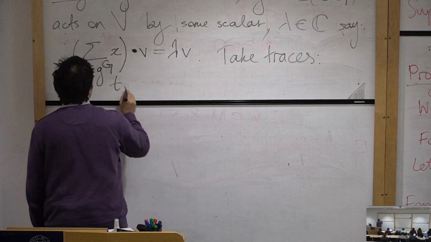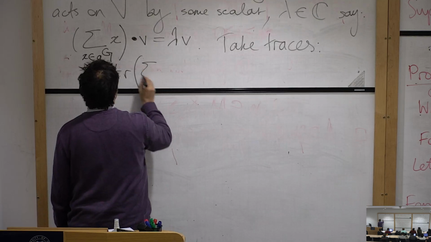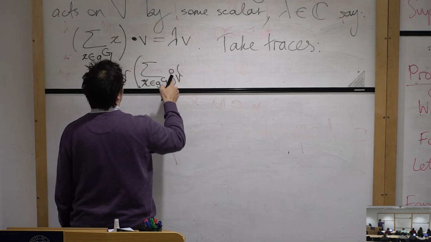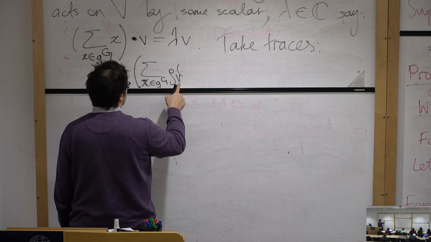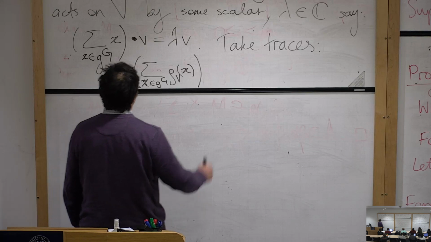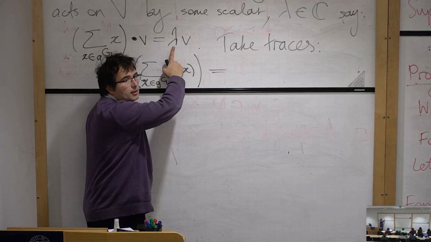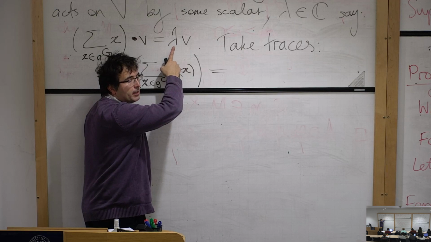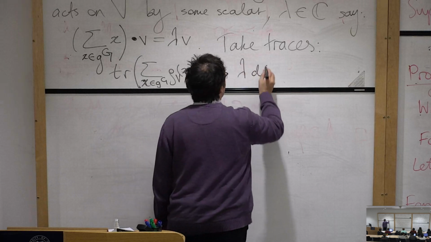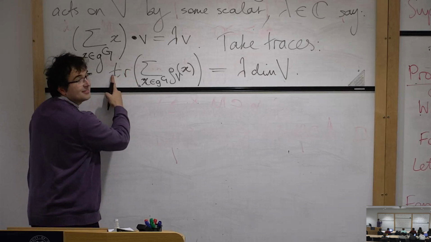We get the trace of the action of rho_V, of course the representation afforded by the CG-module V, which is equal to what? The trace of the scalar endomorphism lambda. That's lambda times dim V, isn't it? The matrix of a scalar is lambda, lambda, lambda, lambda, dim V times. Good? Characters are traces of the group action, right?